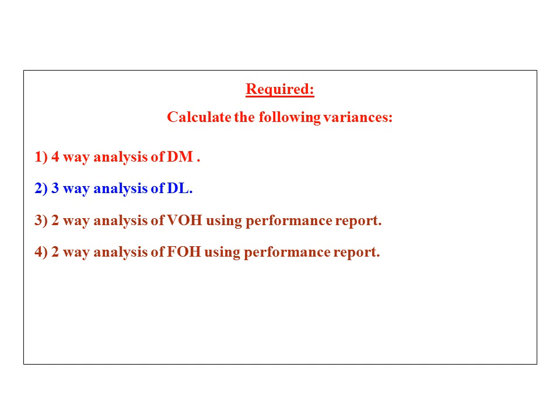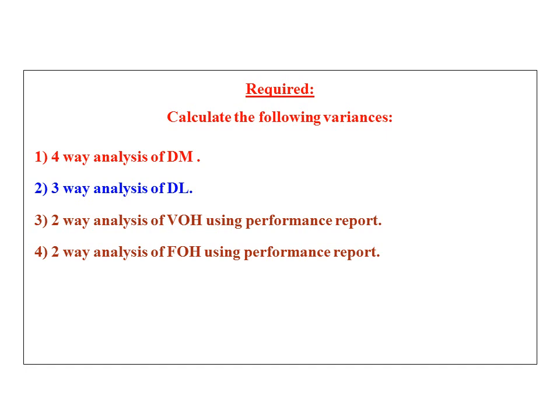Here my requirement is to apply four-way analysis of direct material, I mean 4 variances for direct material, 3-way analysis of direct labor, 3 variances of direct labor, and for variable overhead and fixed overhead we apply only 2-way, and our requirement here is to prepare a performance report for both variable overhead and fixed overhead.